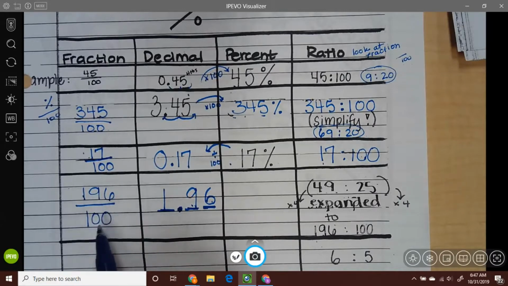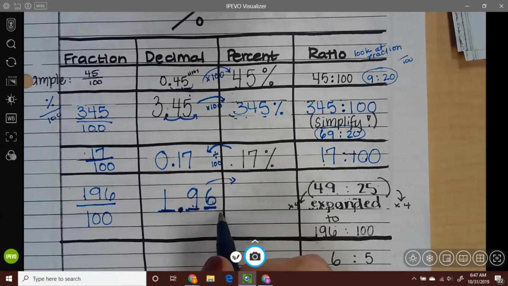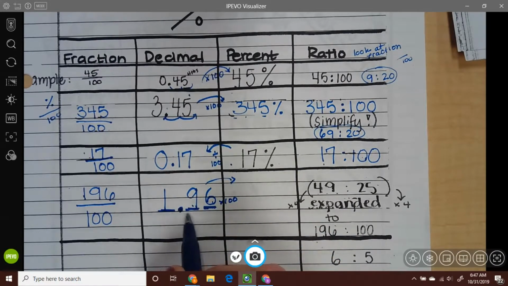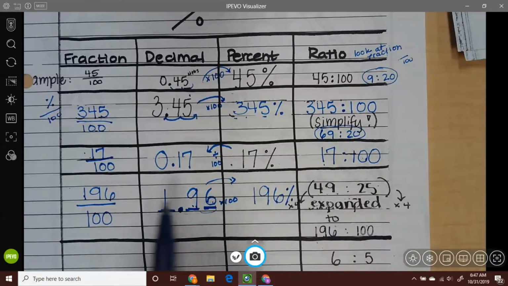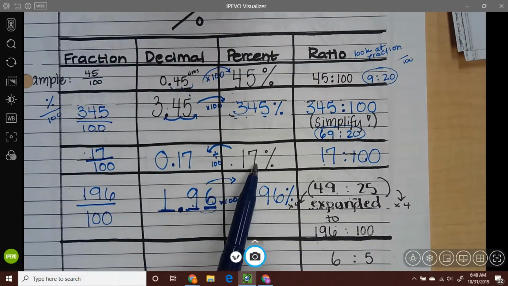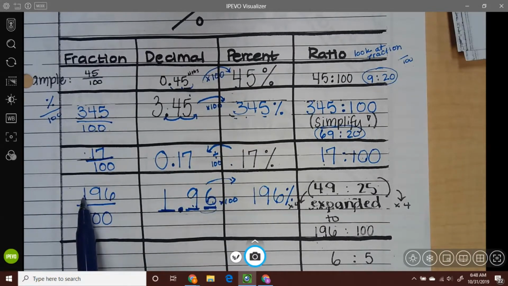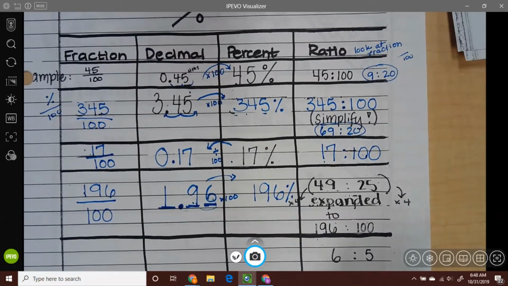And then to get to the percent, I just multiply by 100, which would be 196%. This works because we said the 17% just gets written as the numerator, so 196 would be the numerator. Okay, you try the last one.